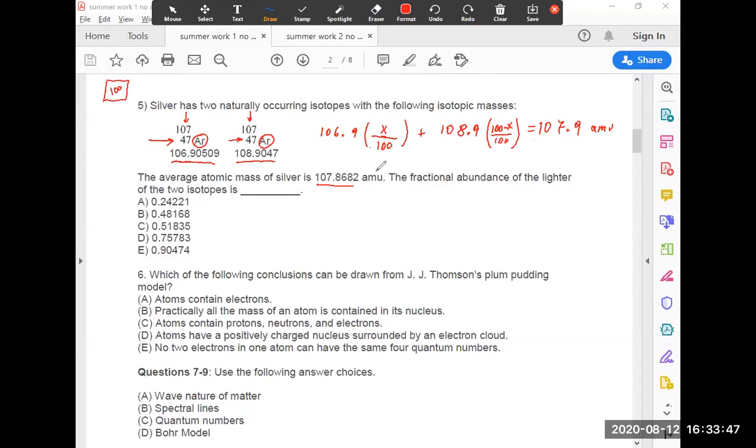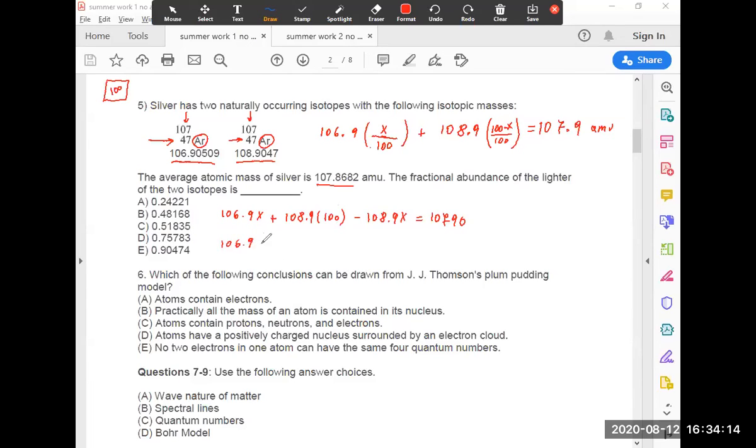How are you going to solve? Well, you just solve, right? So you have 106.9x and 108.9 times 100, if you can write it like that, minus 108.9x equal to this one times 100 instead, so 107.90. And then you just put the stuff together.